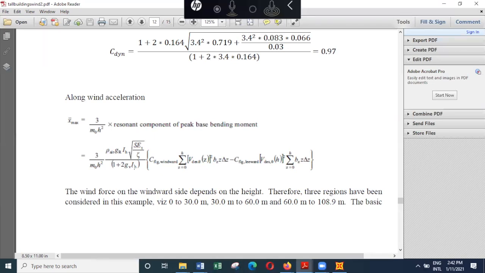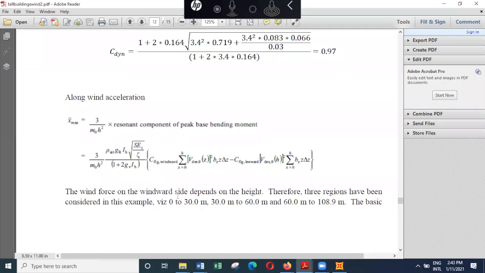So we generally determine the acceleration for a slightly lower wind speed. A wind speed like 25 meters per second can be used with a lower return period. So the along-wind acceleration is given by this equation.